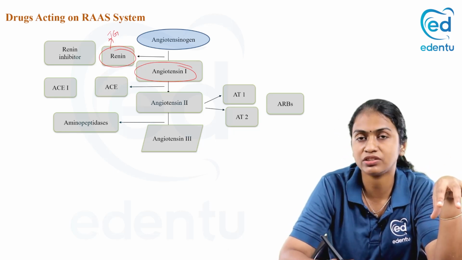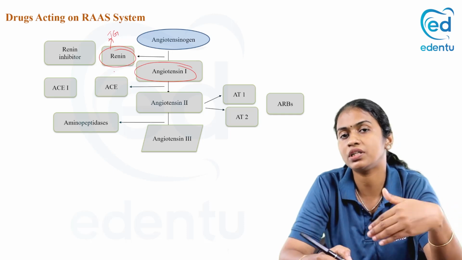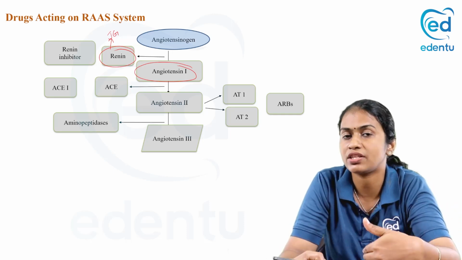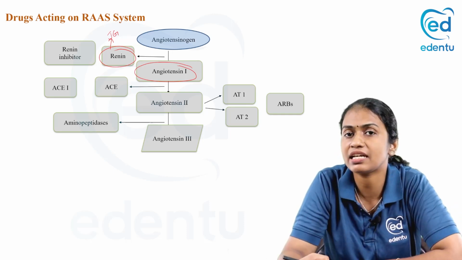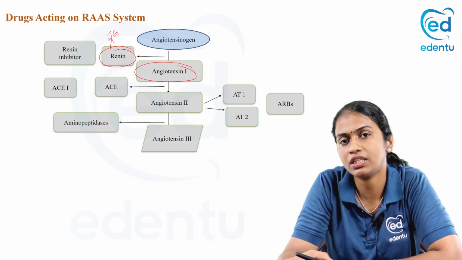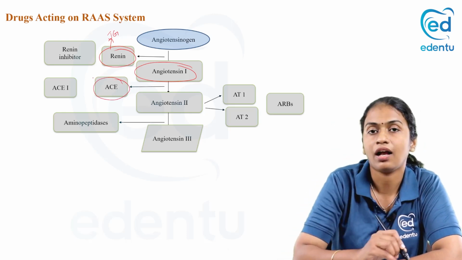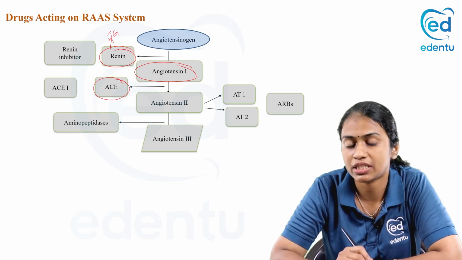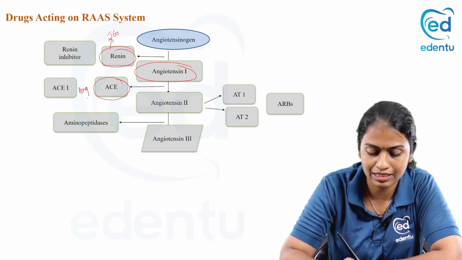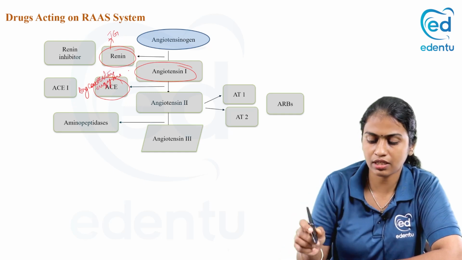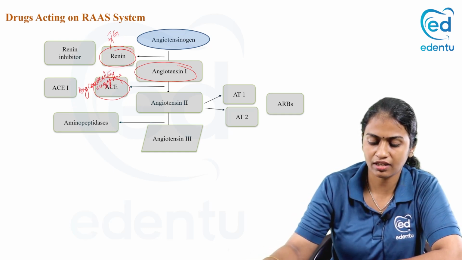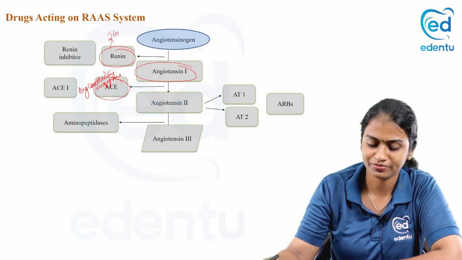It will help in release of this renin that will convert angiotensinogen to angiotensin 1. This angiotensin 1 is converted into angiotensin 2 with the help of ACE, otherwise known as angiotensin converting enzyme.